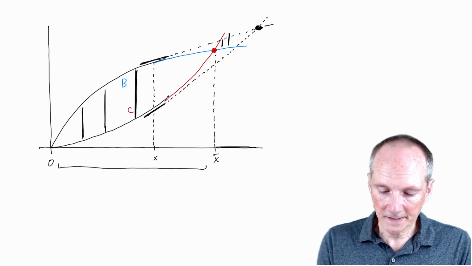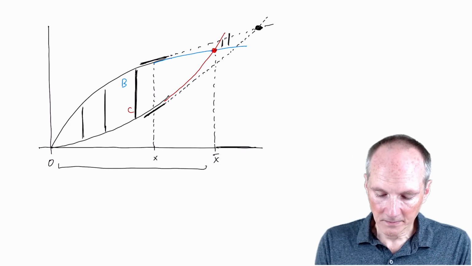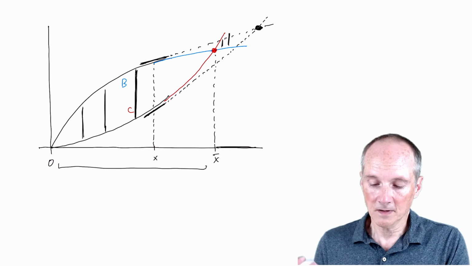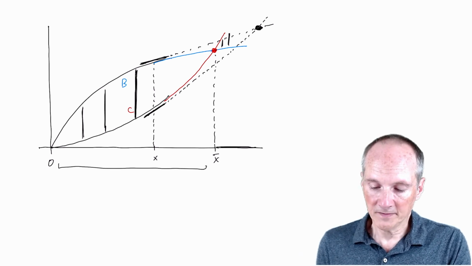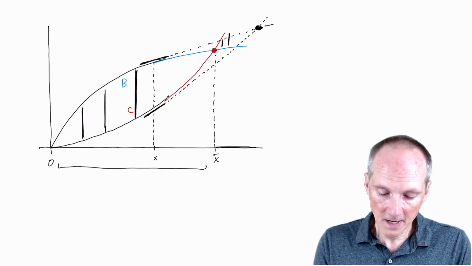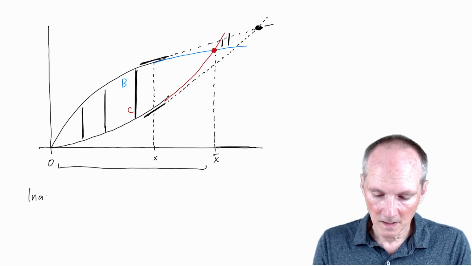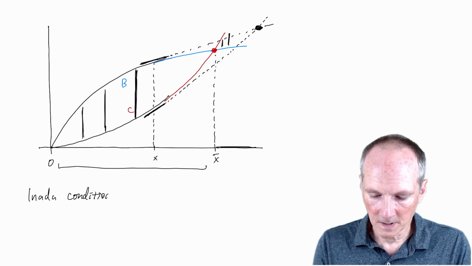I should say that I gave a condition, right? There's some x where marginal benefit is less than marginal cost. Another condition that's used is called the Inada condition.